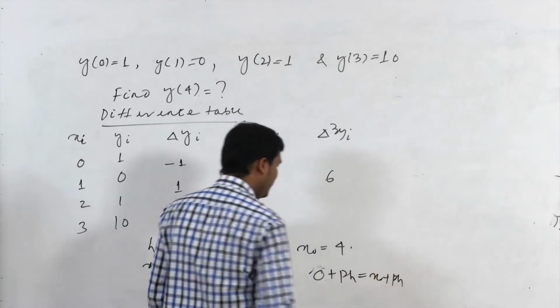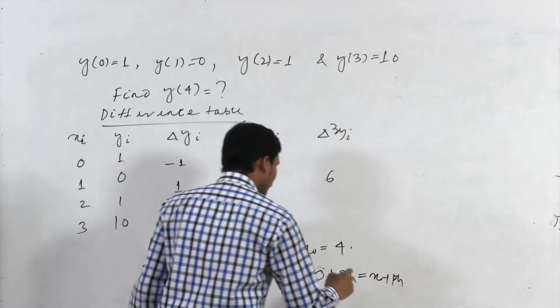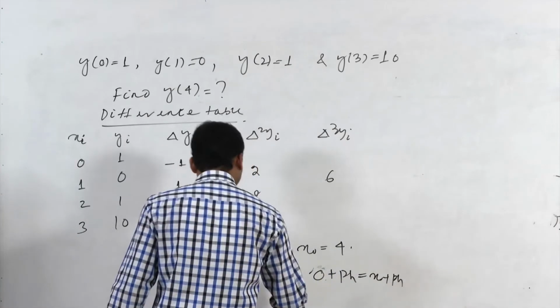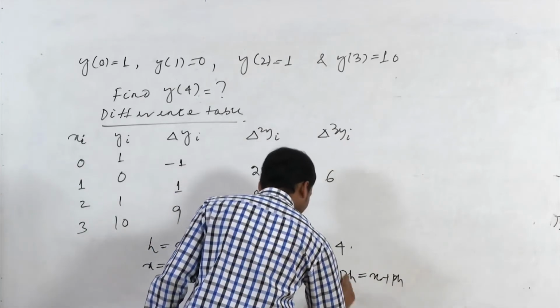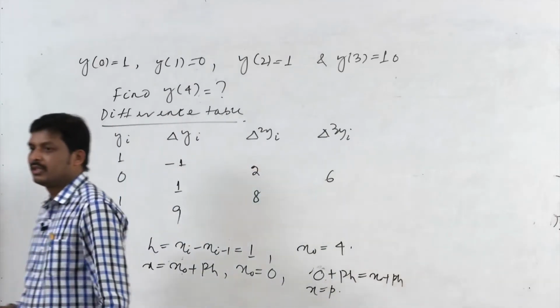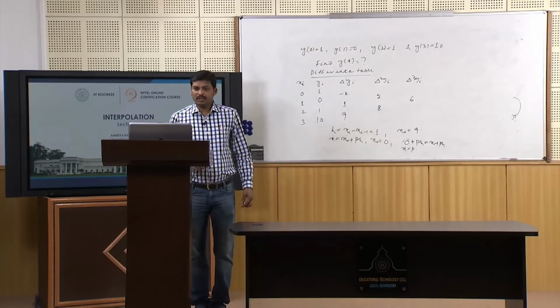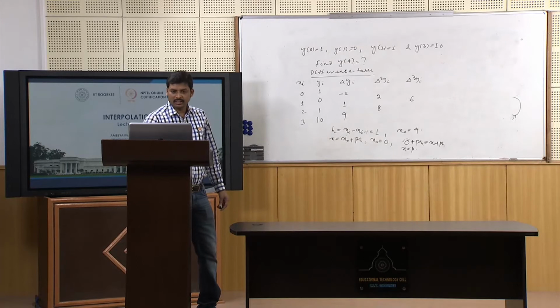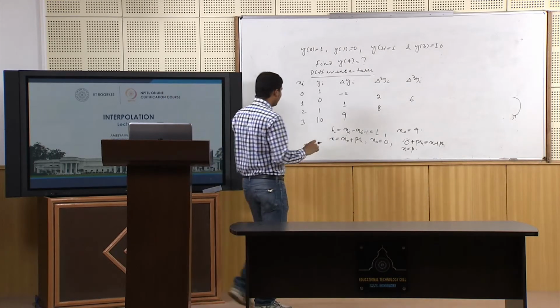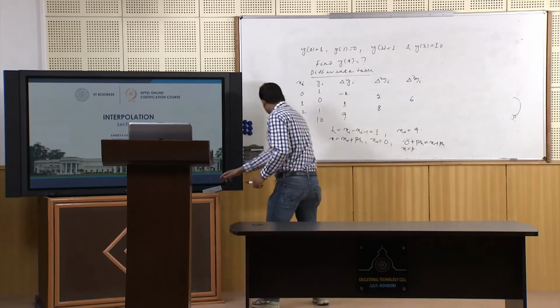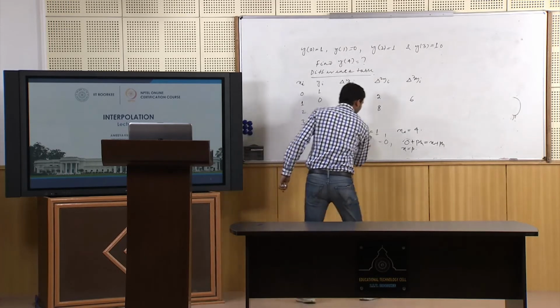So 0 plus ph gives x as p here. So if we want to compute the value at p equals x here, this means that h equals 1, as it is just given. I want to clear these things here.